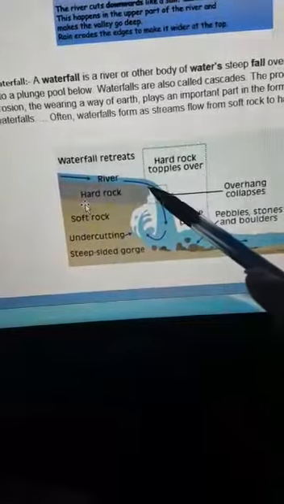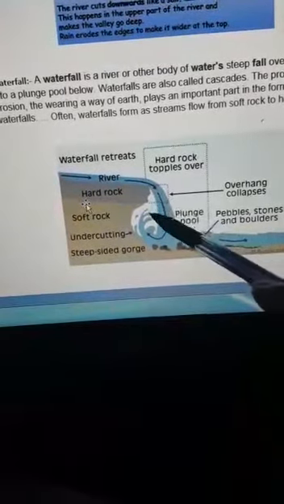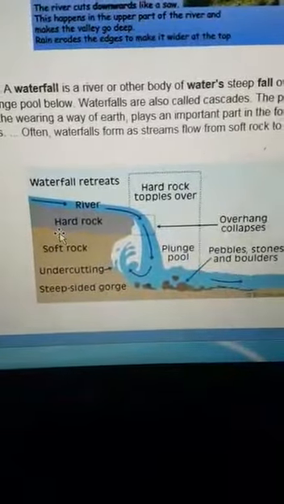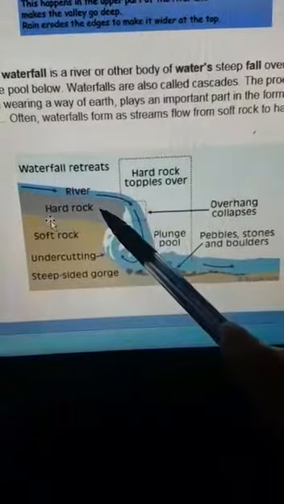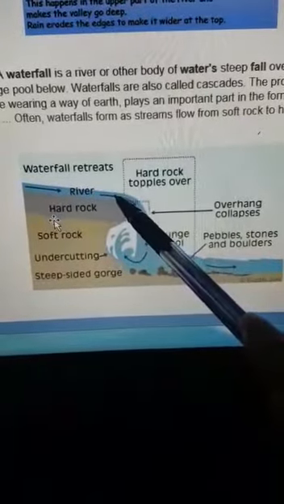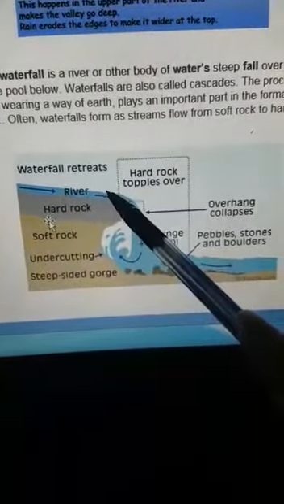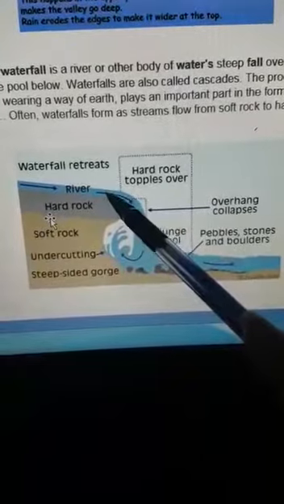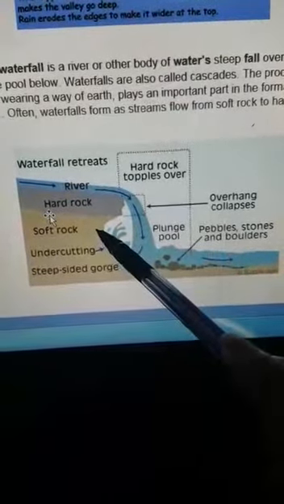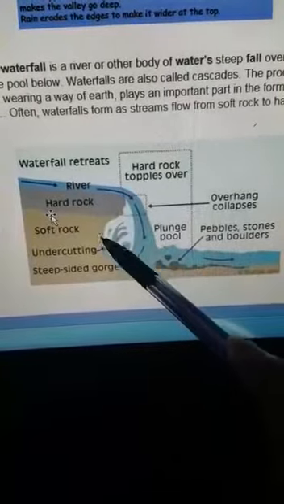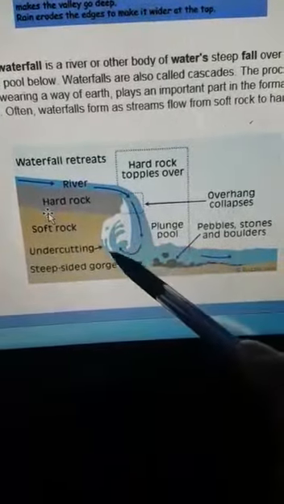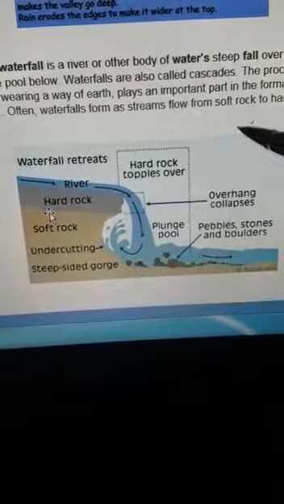Here you have to remember from the picture: this is the hard rock which the river suddenly cannot erode, so it jumps. But again, if there is a soft rock, then the river starts eroding again, and then it starts falling.